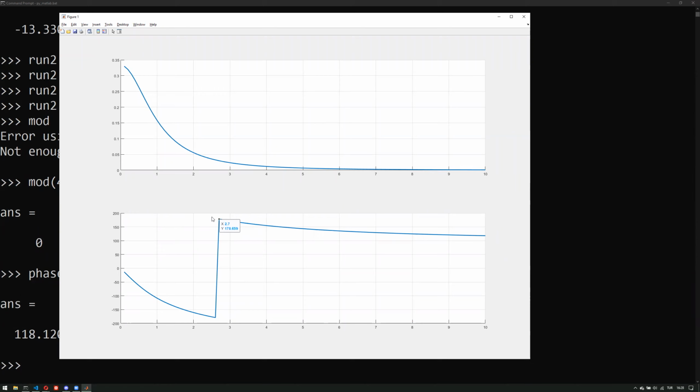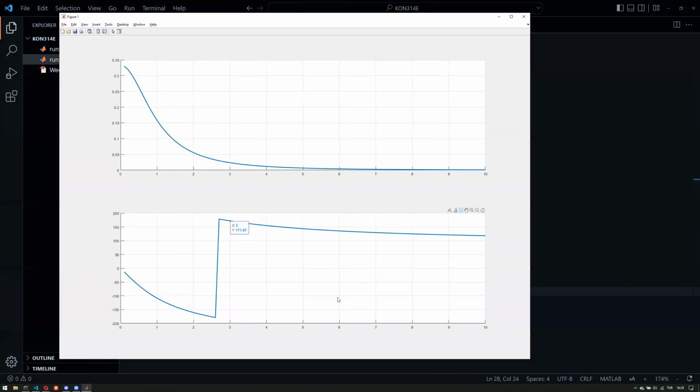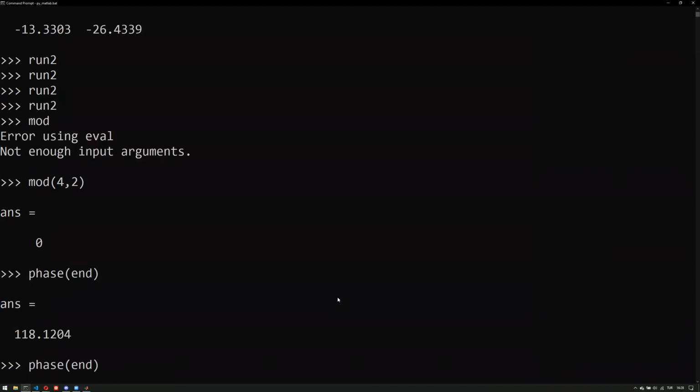So yeah, there's a 360 difference, but if we subtract 360 and mod it, we should somehow get it. Now, what happens if we mod it with 180? It shouldn't change, or does it change? I don't remember.